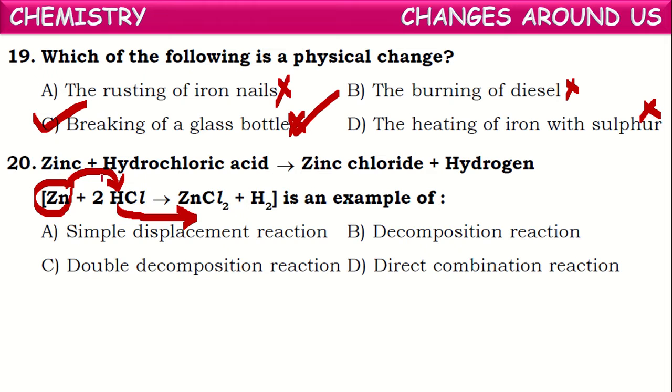We can say simply zinc displacing hydrogen from hydrogen chloride and forming a new substance. This kind of reactions in which an element displaces another element from a compound to form a new compound are called displacement reactions or simple displacement reactions. So here this comes under simple displacement reaction. Okay, next one.